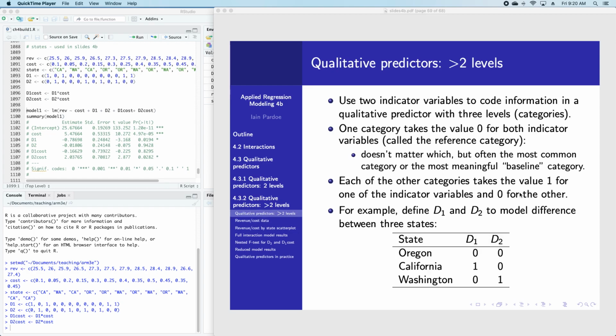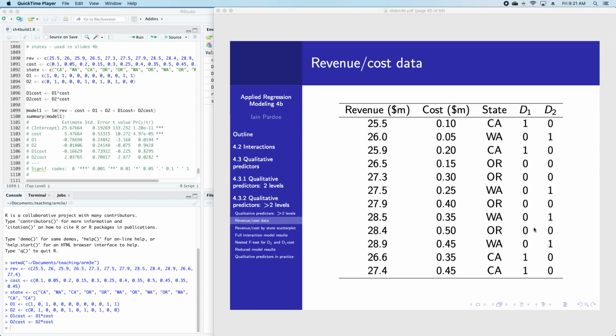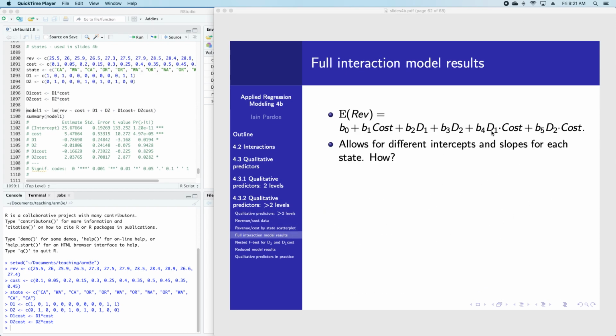If I multiply D1 by D2, I would get 0 for Oregon, 0 for California, and 0 for Washington. So it would be 0 for every state in the data set, and there's no information there. The only interactions that we include are between the indicator variables and the quantitative predictor cost. And I'm claiming that this would allow for different intercepts and slopes for each state.